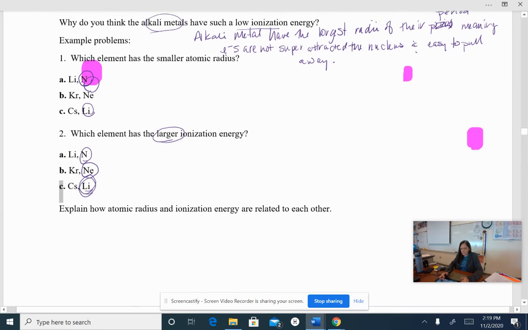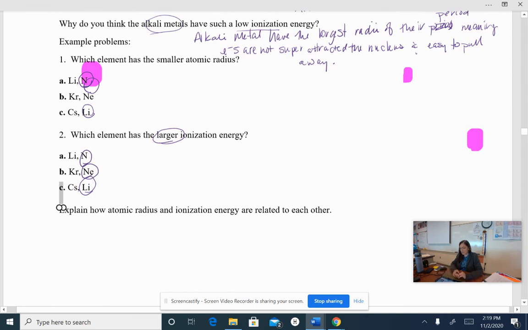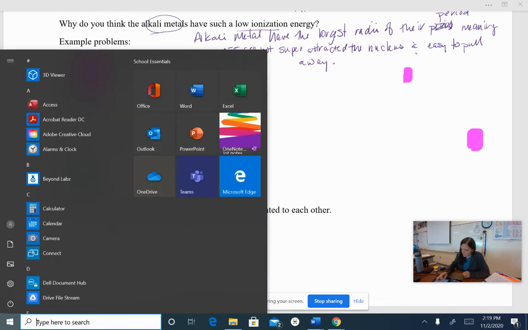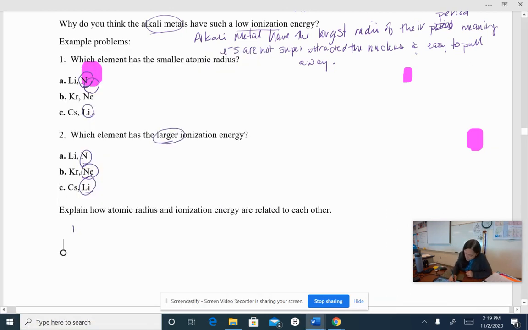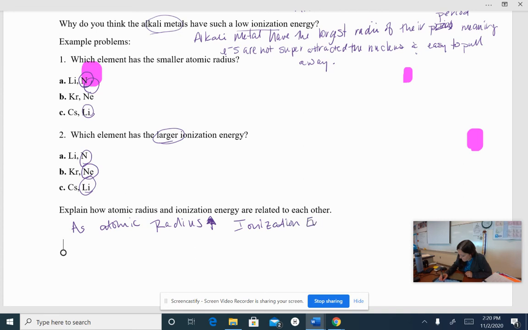So let's explain how atomic radius and ionization energy are related to each other really quick. Okay? Well, so as atomic radius increases, ionization energy decreases.